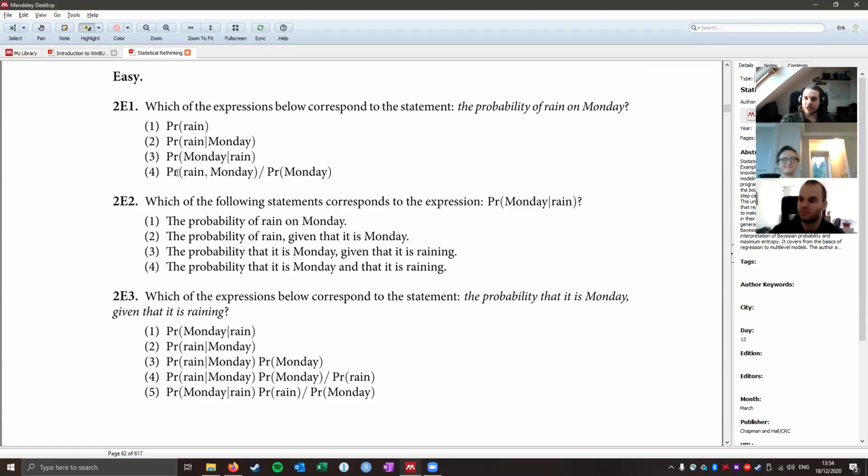Now, the fourth one, I would say, also applies here because it's the probability of rain and it being a Monday divided by the probability of it being Monday in the first place, which should come out to the same thing as rain given that it is Monday. So that would be my solution to this.